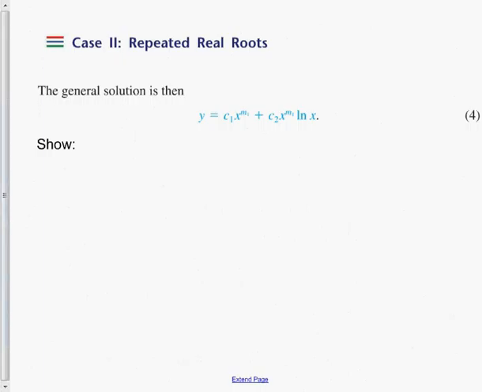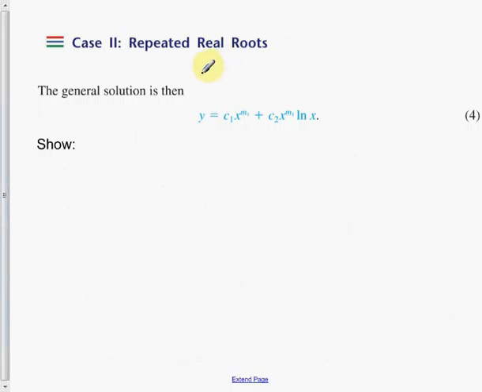So we have to show and prove that this is what we call in mathematics well defined, that is provable. Let's see. All we know is that from the repeated roots, m sub 1 is the same as m sub 2.